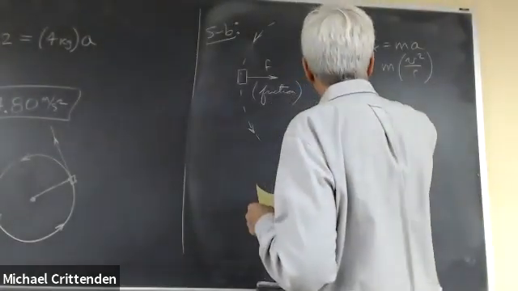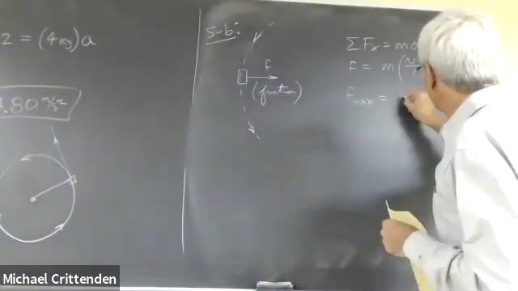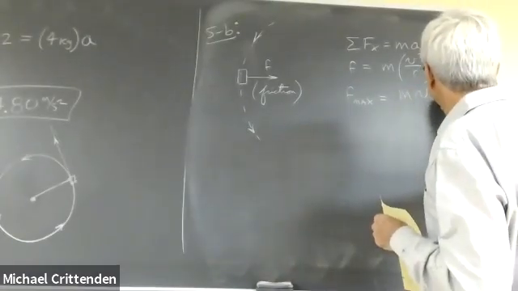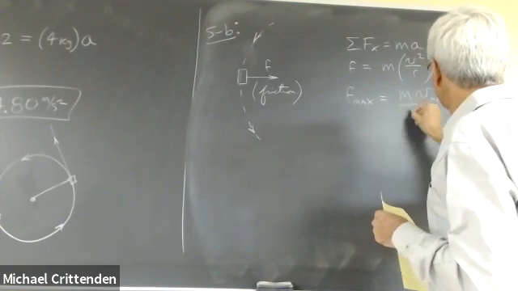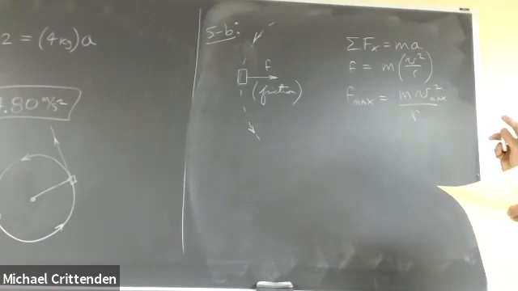So maximum friction is equal to m times v max squared over r.